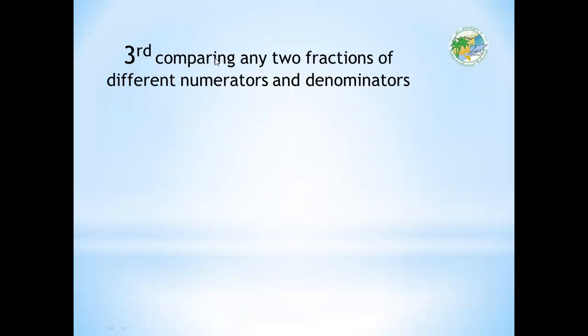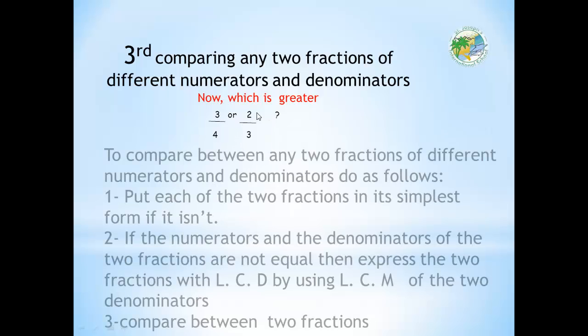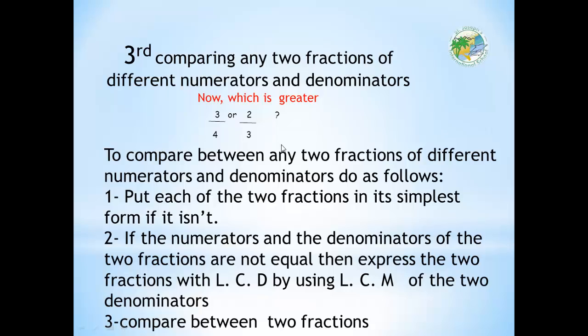Third, comparing any two fractions of different numerators and denominators. Both are different. Now, which is the greater, 3 over 4 or 2 over 3? What do we do? To compare between any two fractions of different numerators and denominators, do as follows.